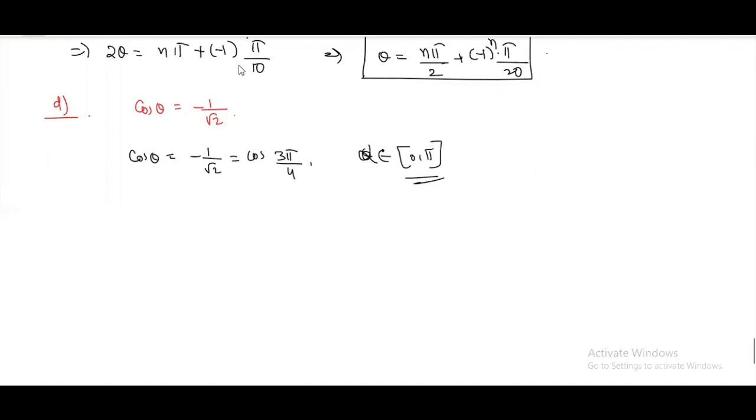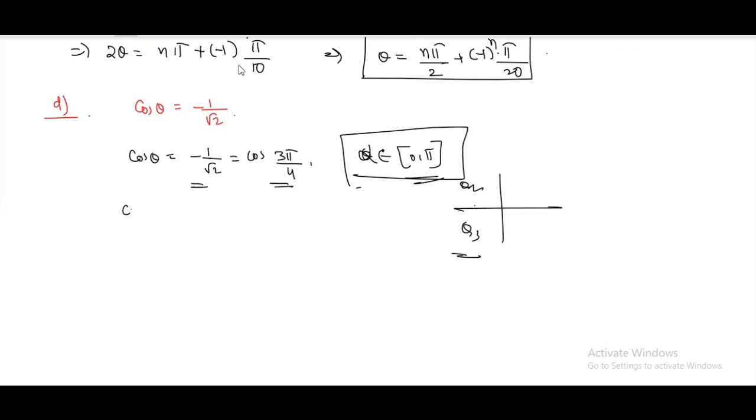Whatever value we take for minus 1 by root 2, we should take in 0 to pi only. Why I am mentioning this is that cos is negative in Q2 and Q3 also. If you do not mention the condition clearly, I could take that angle in Q3 also. So that's why your conditions are very much important. So alpha lies in 0 to pi, closed interval.